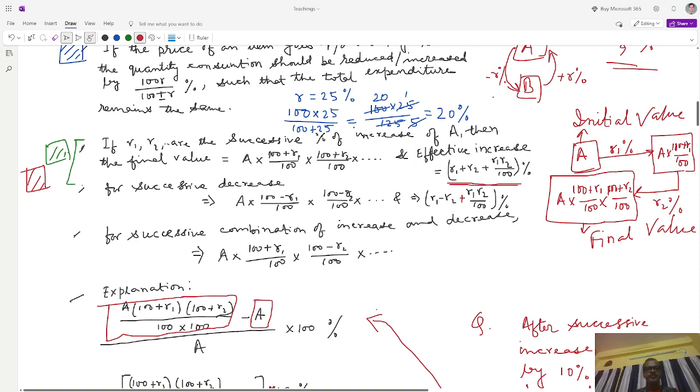Right? For successive decrease, minus R1, minus R2, minus R1 into minus R2, that is plus R1 R2 by 100. Okay.